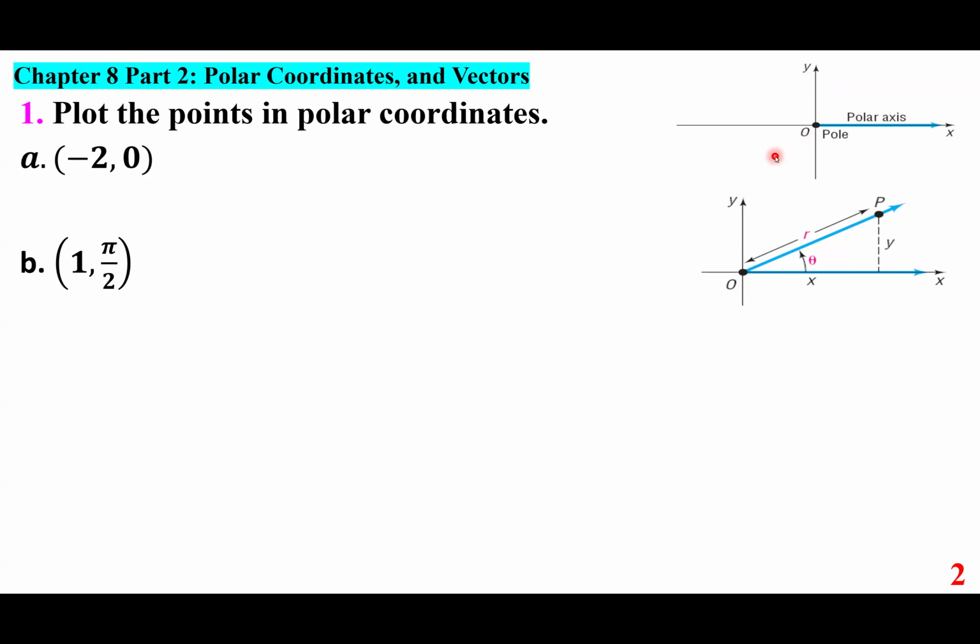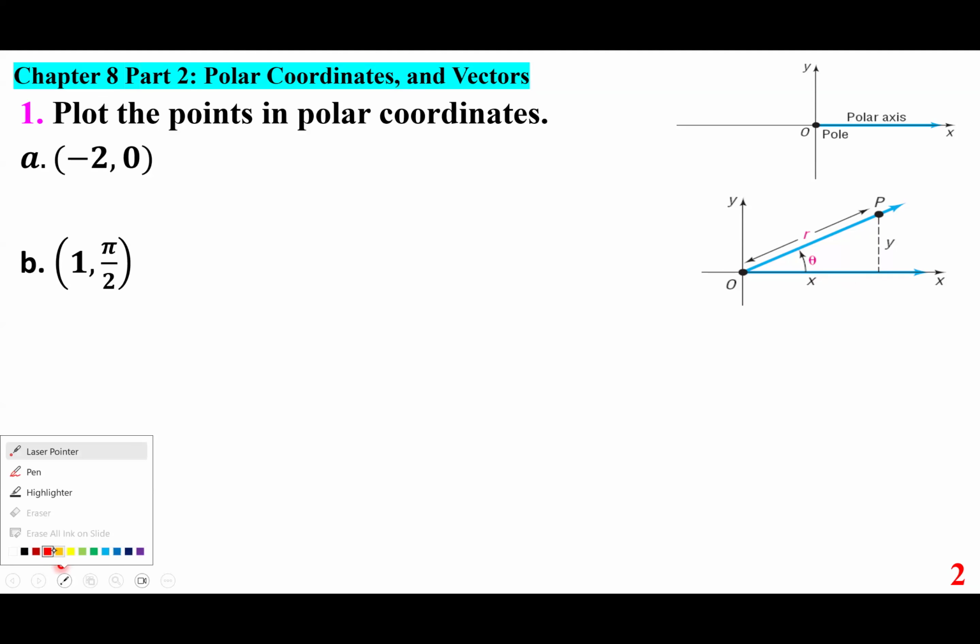A point is represented as x comma y, or r comma theta. It can be represented as x, the distance from the y-axis, and y, the distance from the x-axis.